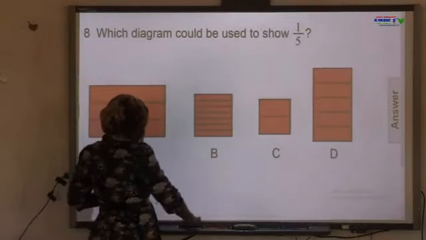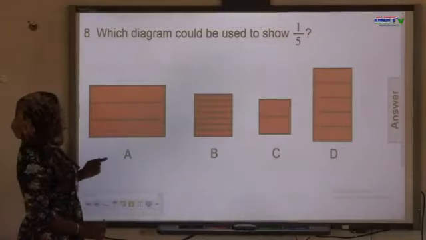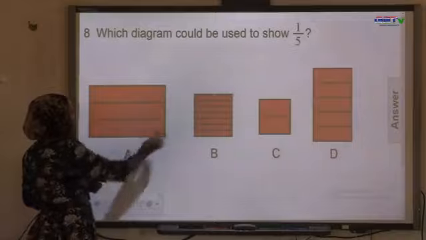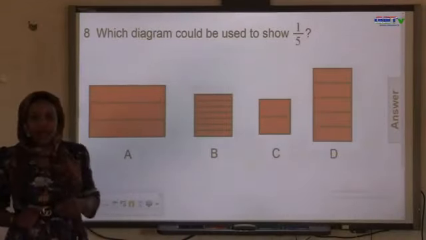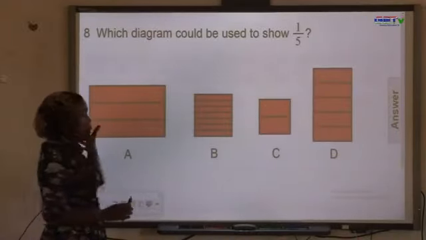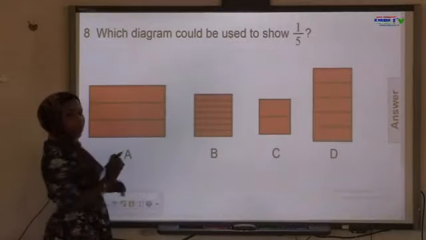Now, let's start with option A. For option A, let's look at the diagram. How many parts is the diagram divided into? Can we count?